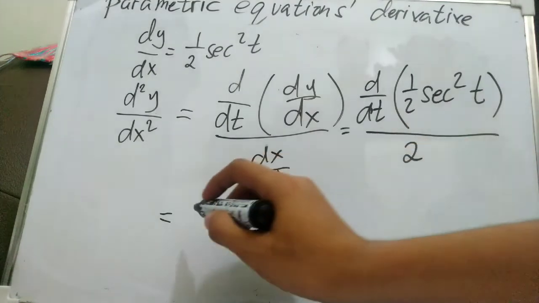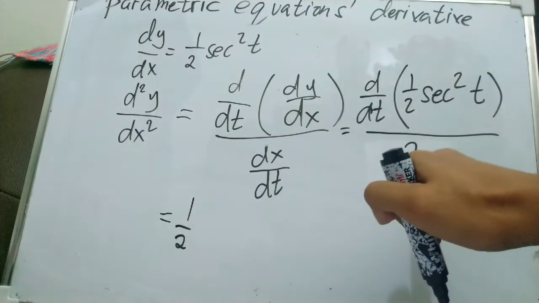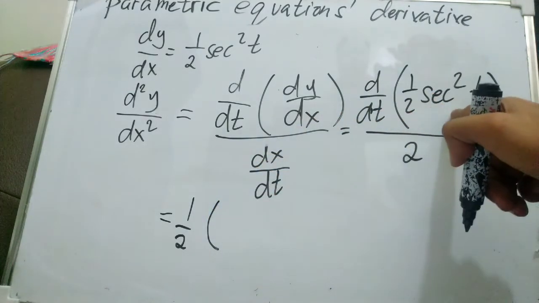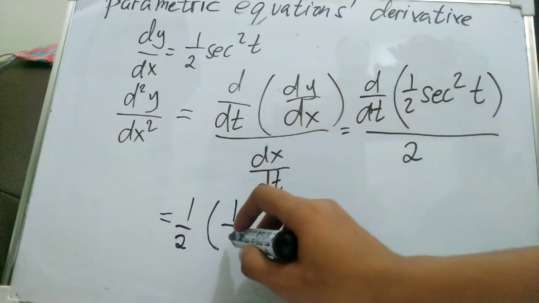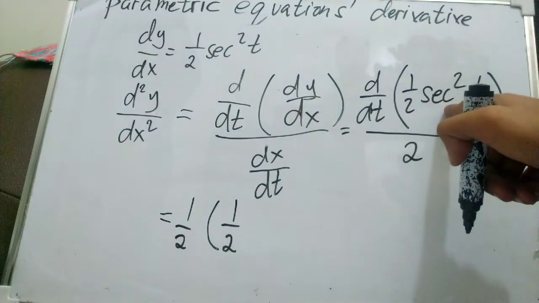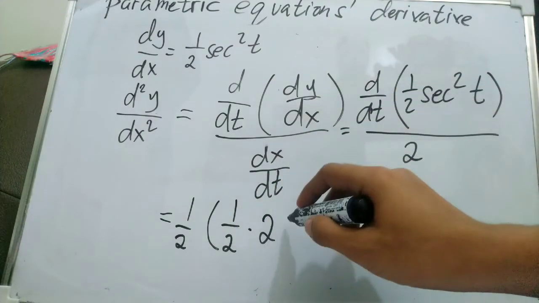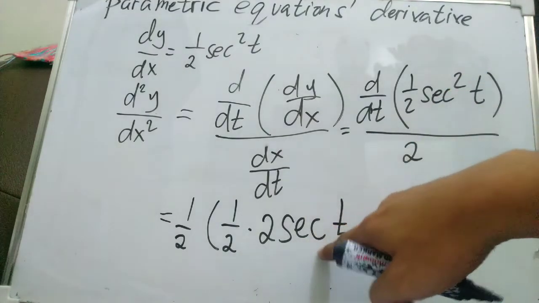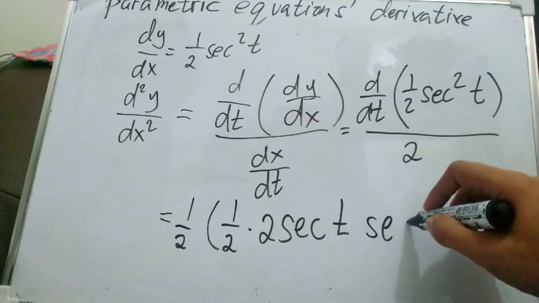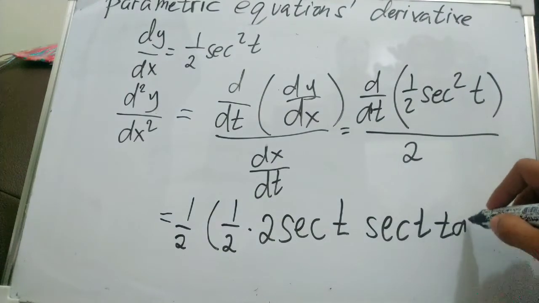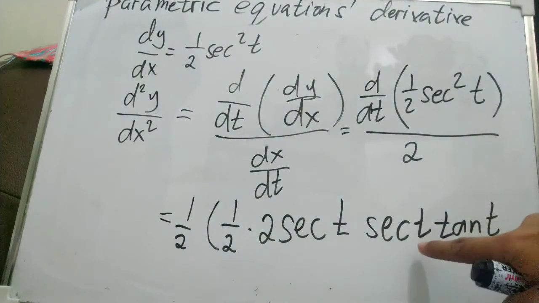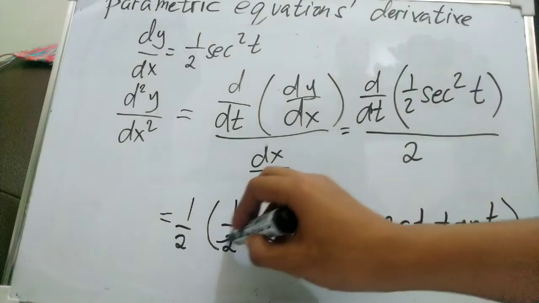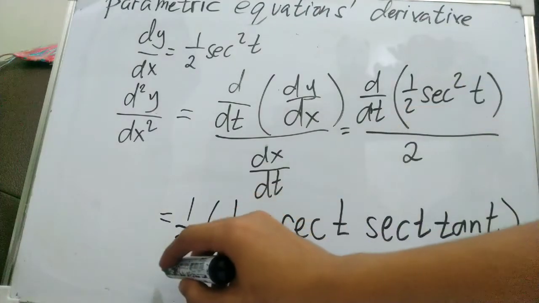So that is 1/2, referring to this one, of constant multiple rule, so that is just simply 1/2, and then power rule, so times 2 secant t. Chain rule, so derivative of secant is secant tangent. Chain rule, derivative of t is simply 1, so never mind. Okay, so that cancels out.